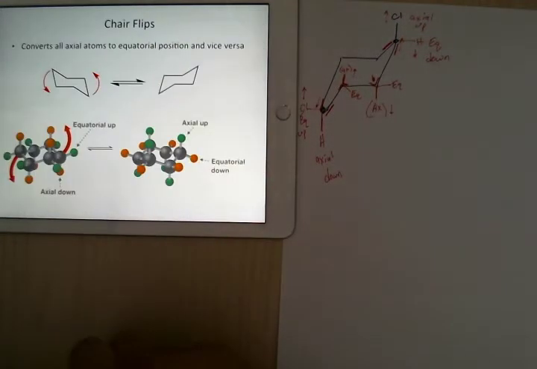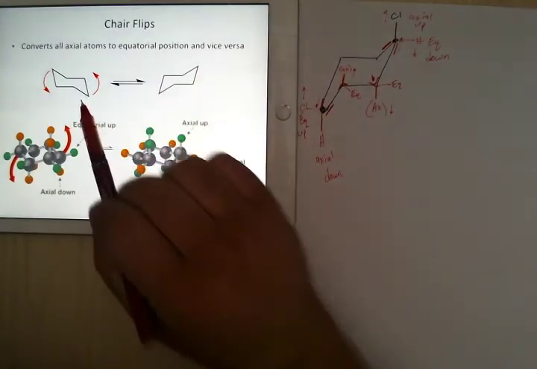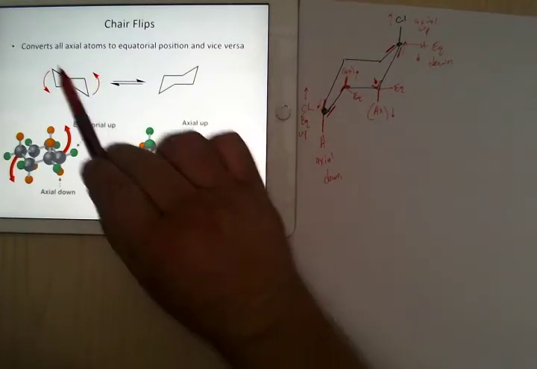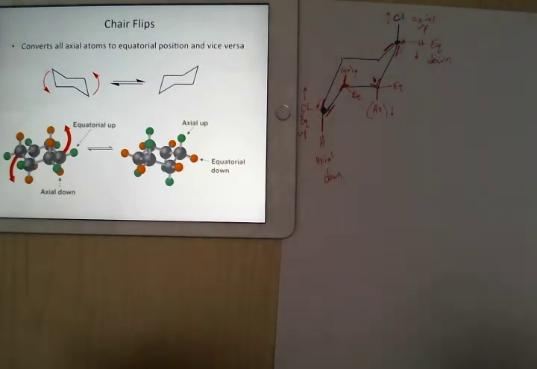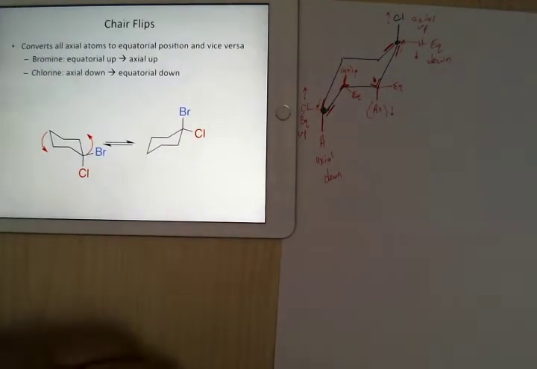The problem is you can also do chair flips. When that happens, if you take your model kit, what's happening is you move this side up and this side down. It goes to here. Now, the axial and the equatorial flip spots.